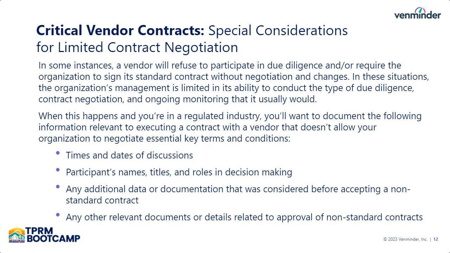And as we all know, there will be times when you want to do business with a third party, and that third party is either refusing to participate in due diligence, or there's some reason why you need to move forward with signing the contract before you can do that.